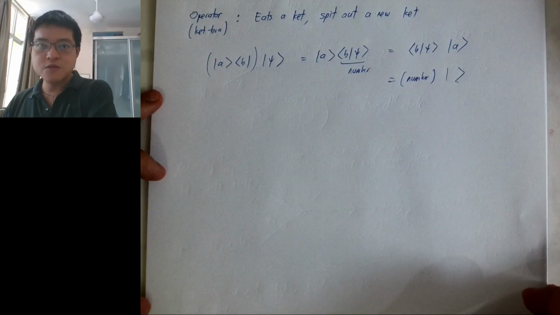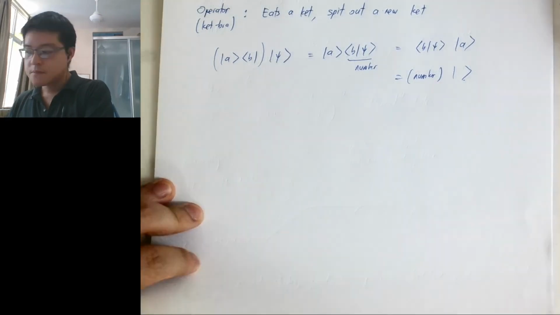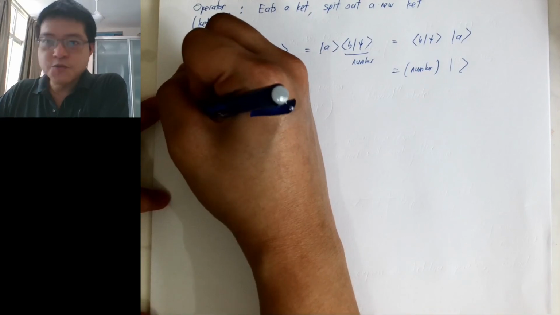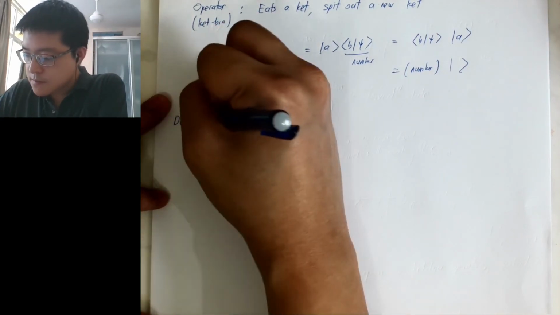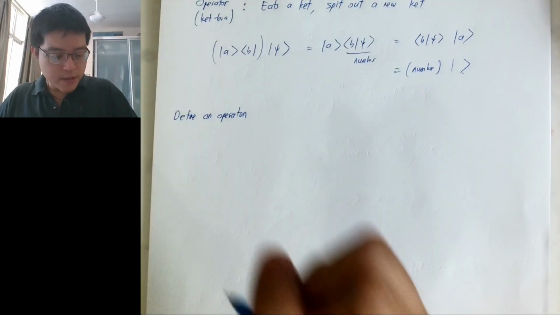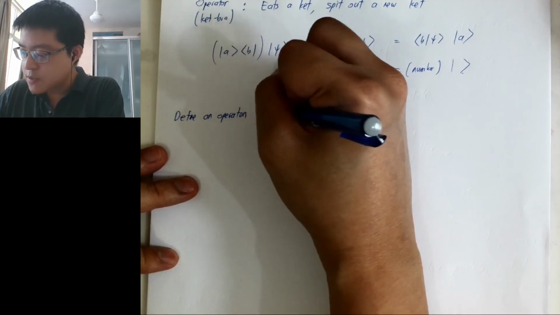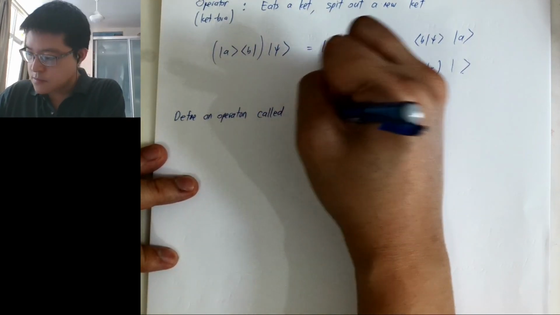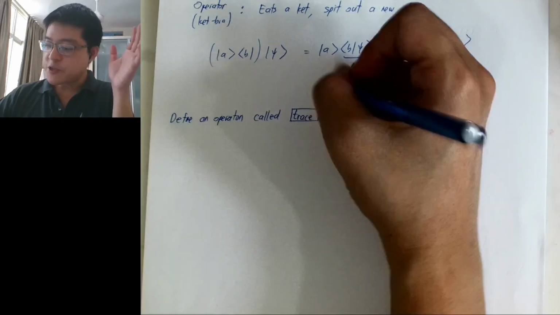What I'm going to do next is define another new operation, which we call the trace. We need to define it before we are able to do the mixed state. What does the trace do?